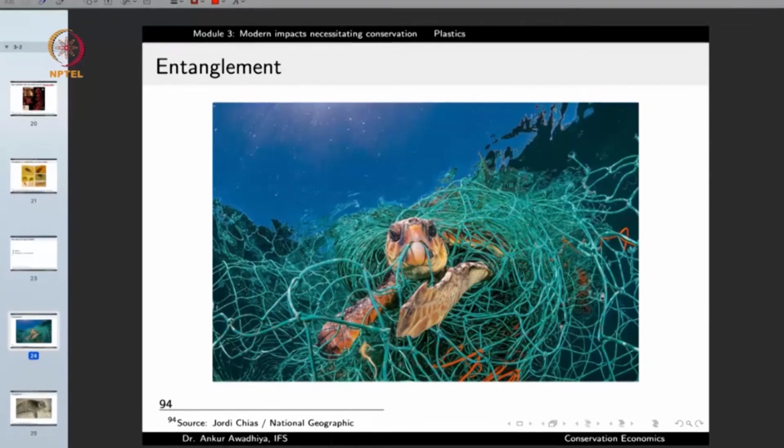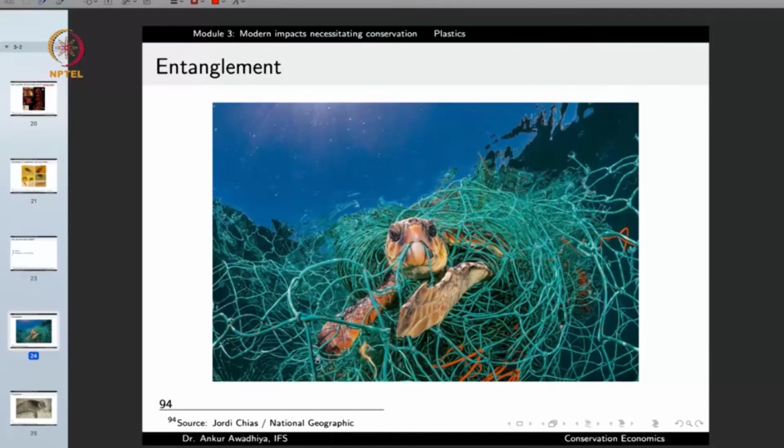And when this turtle is caught, it is unable to move and unable to feed, and then slowly and steadily it will die out of starvation. A number of other animals also need to come to the surface for oxygen and dive down for food.